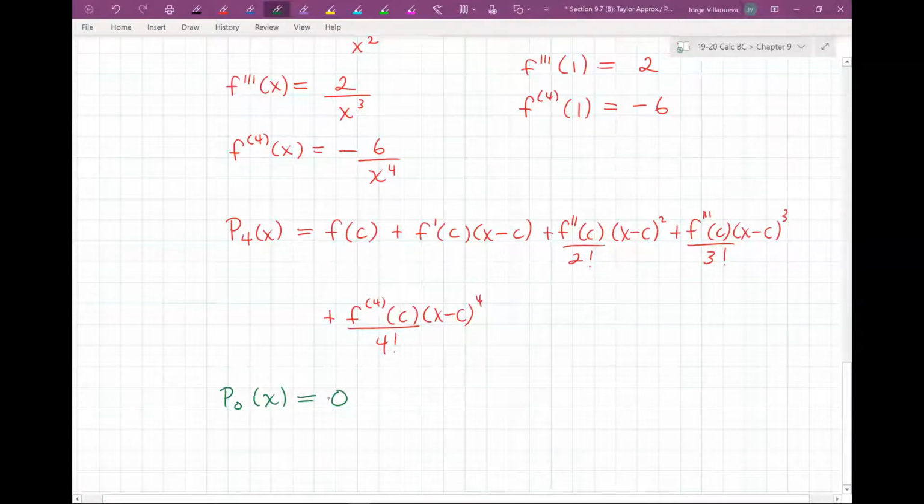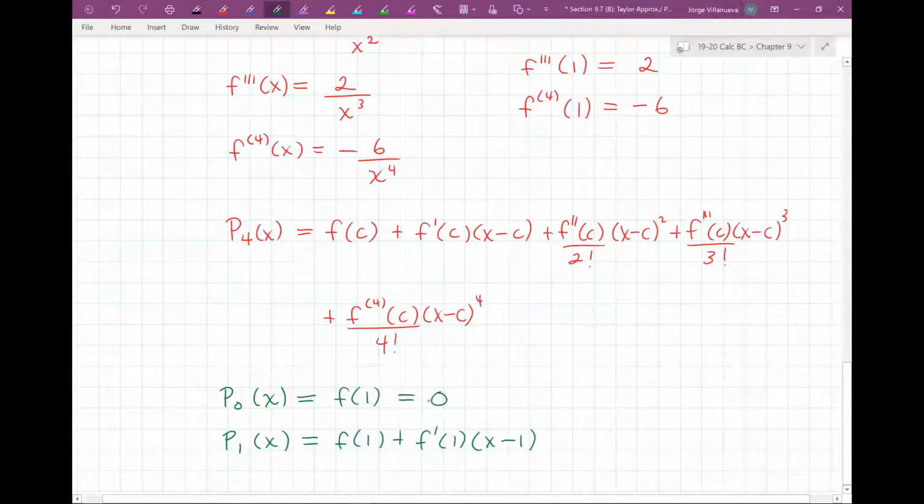Now, let's find p sub 1 of x. So in other words, I need f of 1 plus f prime of 1 times x minus 1. The c's are going to be 1s. I'll write that over here, by the way, so you guys can see where I got the 0 from.